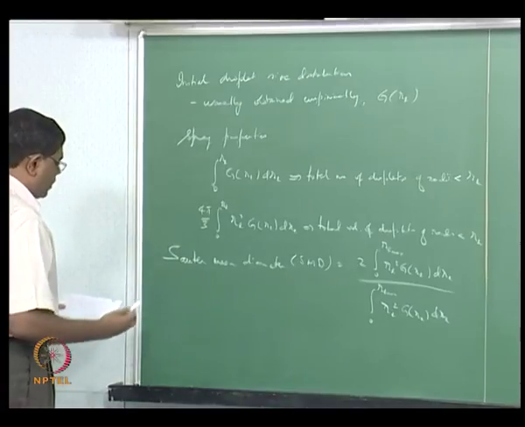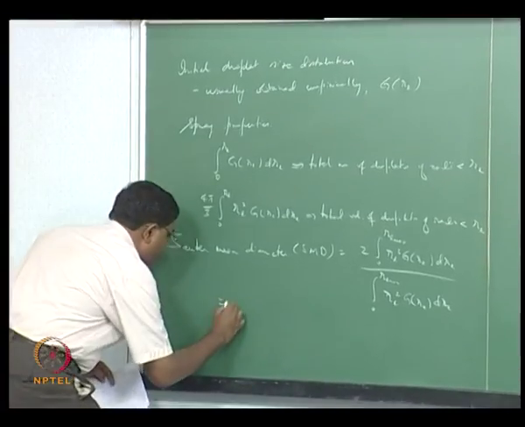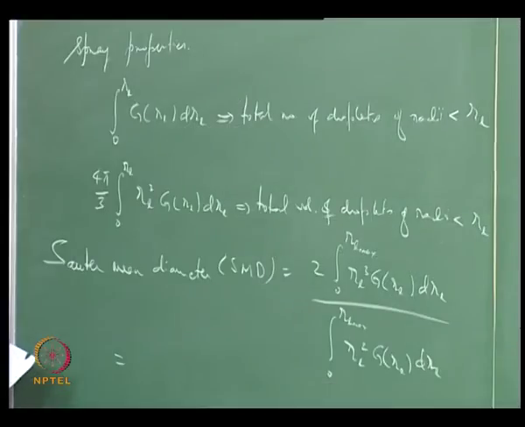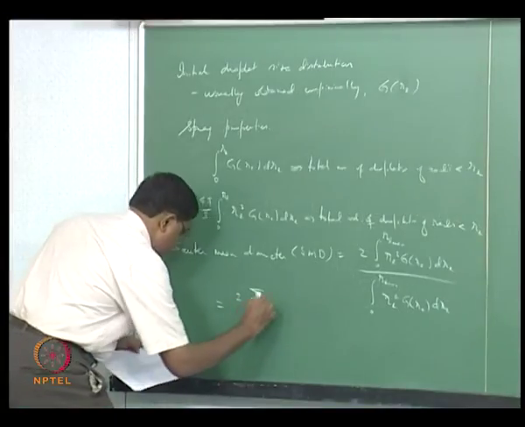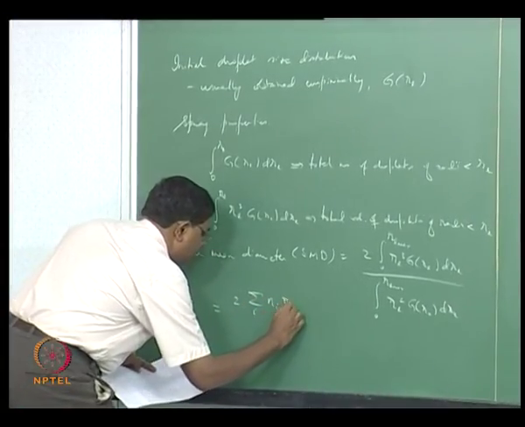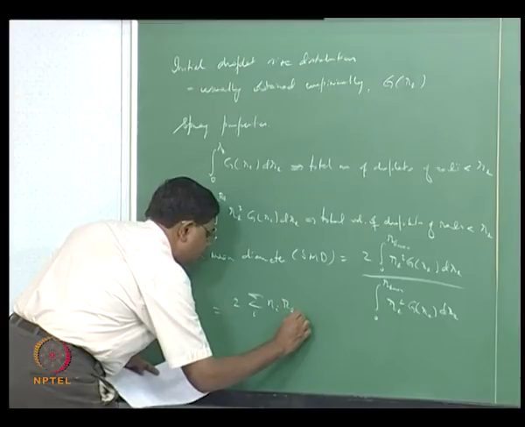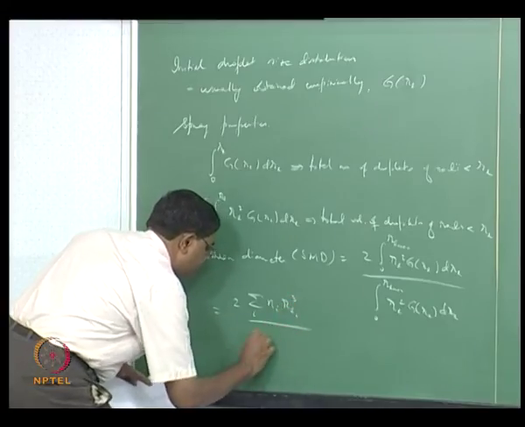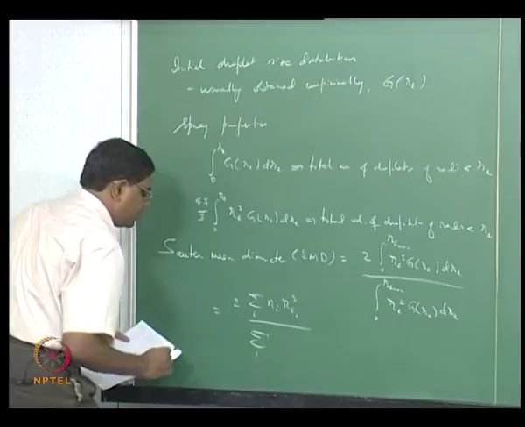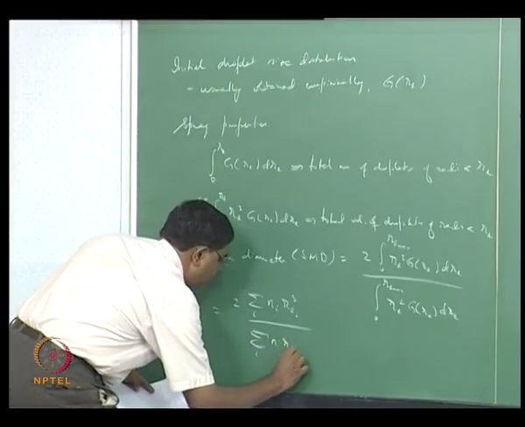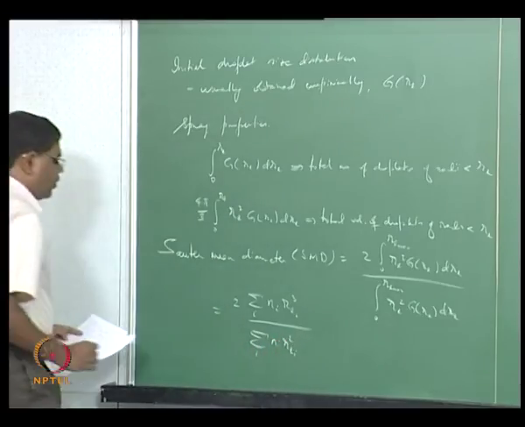Okay, there is one more way by which you can define this, which could be more familiar, that is twice sigma over all i of Ni Li cubed divided by sigma over all i of Ni Li squared.